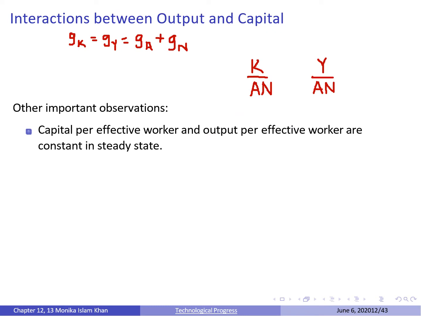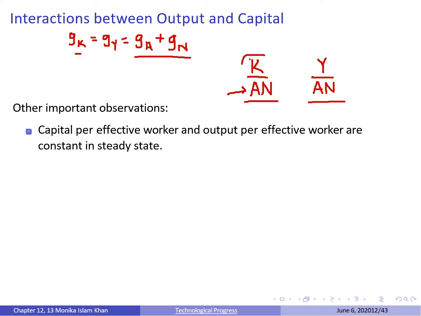Two important observations that you need to remember. First, capital per effective worker and output per effective worker are constant in the steady state, which means that in the steady state, growth rate of capital per effective worker is equal to 0, and growth rate of output per effective worker is also equal to 0. Why? Because growth rate of capital is GA plus GN, and growth rate of effective labor is also GA plus GN.